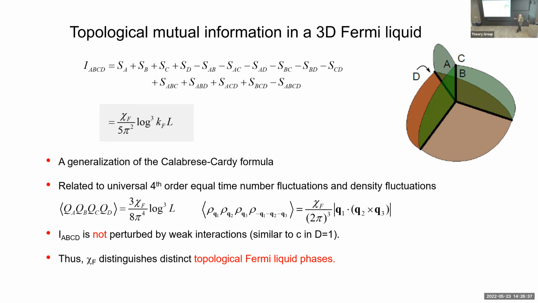And so in that sense, this integer characterizing the Fermi sea distinguishes distinct topological Fermi liquids, if you will.